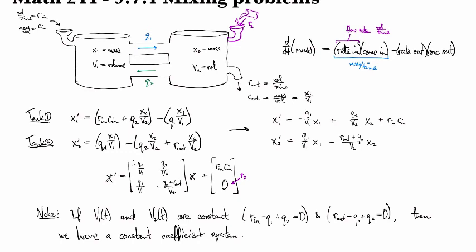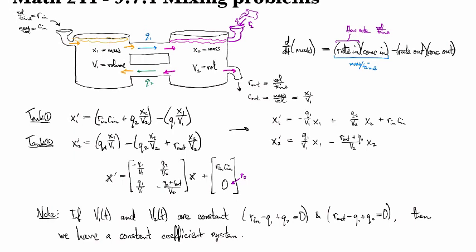What I'm saying is that if these orange rates balance, in that the signed sum of them is equal to 0, and these, let me pick a different color, how about pink, these ones balance, then the volume of the fluid in this tank will remain constant, and the volume of the fluid in this tank will remain constant.